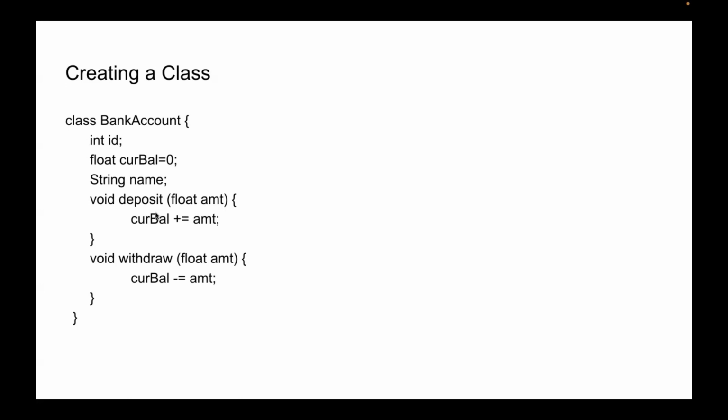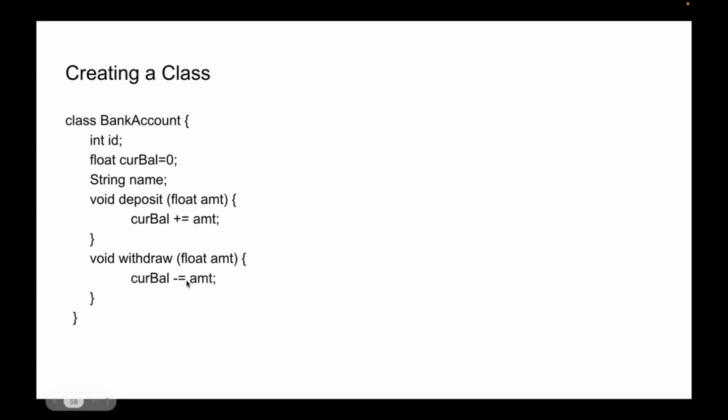Suppose you have an initial current balance of 100 rupees, and you add 50 more rupees. Now currentBalance += amount, which means currentBalance = currentBalance + amount. So 100 plus 50, and now your current balance increases to 150.